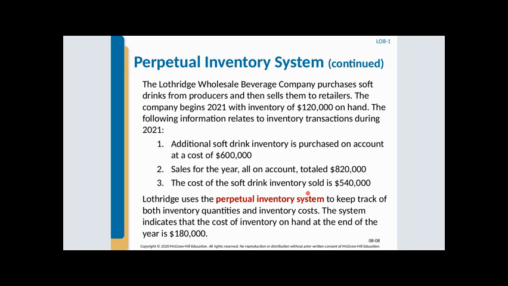And the cost of soft drink inventory sold is 540,000. Okay, so they're basically giving us their cost of goods sold. Lothridge uses the perpetual inventory system. The system indicates that the cost of inventory on hand at the end of the year is 180,000.